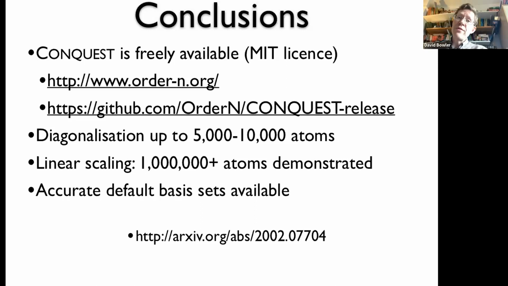Yeah, so we've looked at Hartree-Fock, we've looked at exact exchange in CONQUEST. We have a preliminary implementation that scales linearly with system size. Obviously, as with all of these things, when you're wanting to do linear scaling, the first thing that you have to do is to define a range, so a physical truncation. And so you have to do that with the exchange as well.